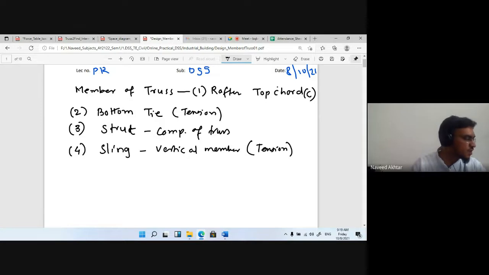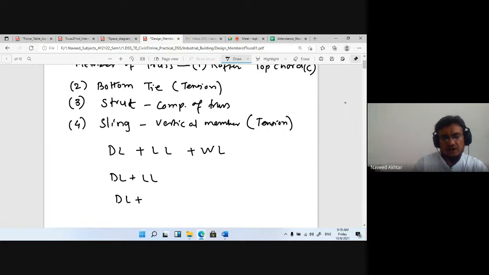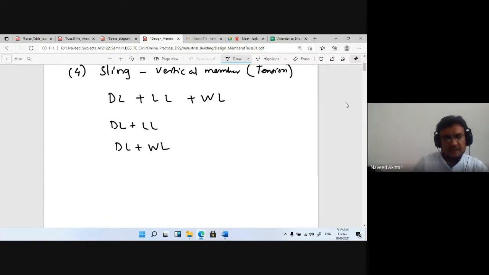But here we have taken many combinations of loads. We have taken dead load, live load, and wind load, then the combination of dead load plus live load, then the combination of dead load plus wind load, and the combination of dead load plus live load plus wind load.